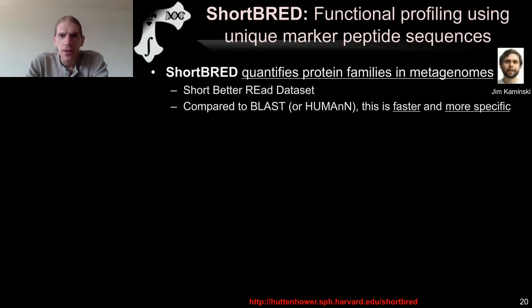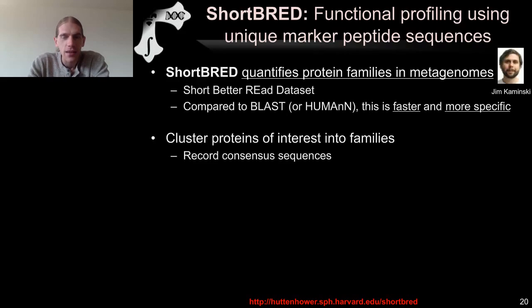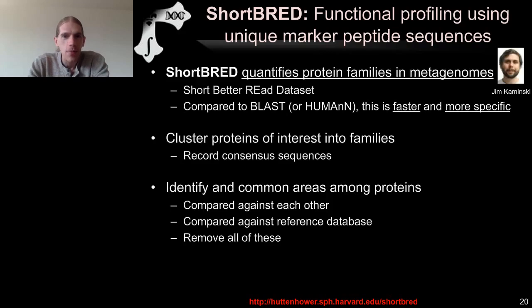One example that I'll speak to briefly is called ShortBRED, or the Short, Better REad Dataset assembler. This is a functional profiling tool that uses the same intuition that MetaPhlAn does, inasmuch as we can identify unique sequences from clustered protein families of interest.